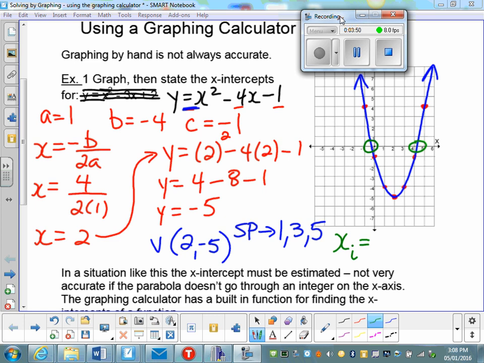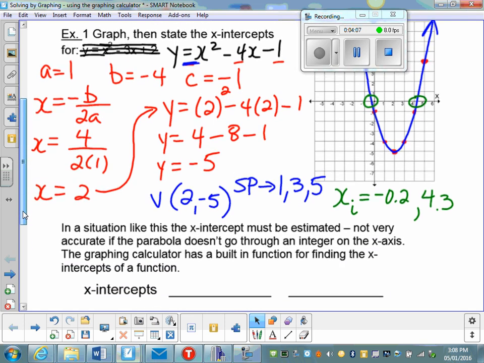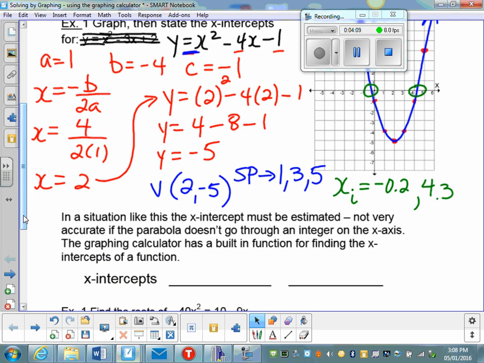The one on the left I might estimate as negative 0.2, and the one on the right I might estimate to be 4.3. So I summarized this in the paragraph below, but basically in a situation like this, the x-intercept has to be estimated. So it's not very accurate if the parabola doesn't go through an actual integer on the x-axis.